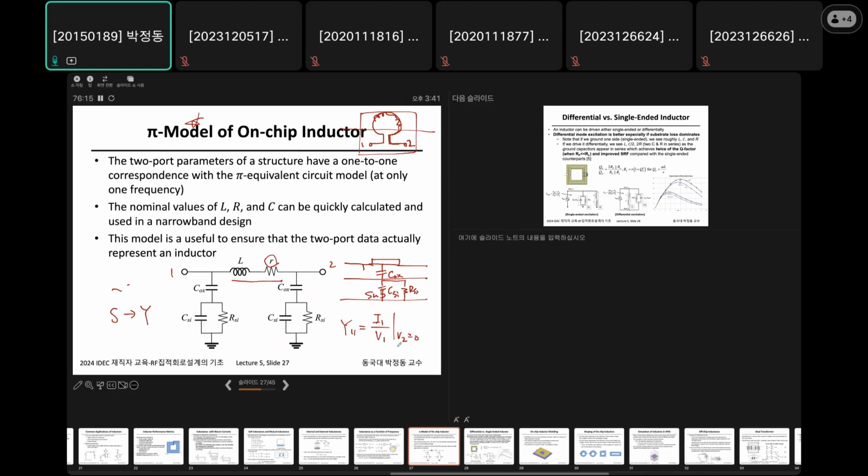Since V2 is 0, we just connect it to ground. So what we can see is this structure. In the same way, you extract Y21, Y12, and so on and so forth. Then you can extract each value from the Y parameters.